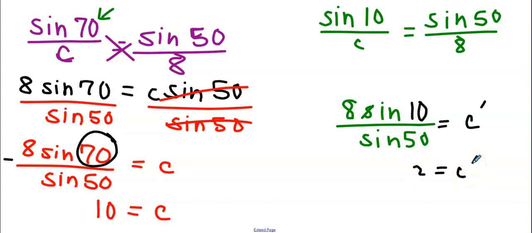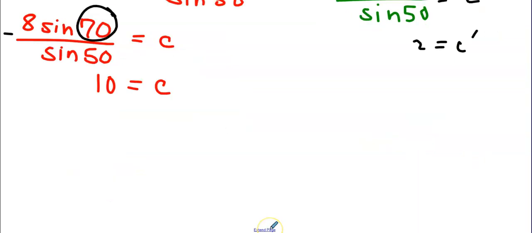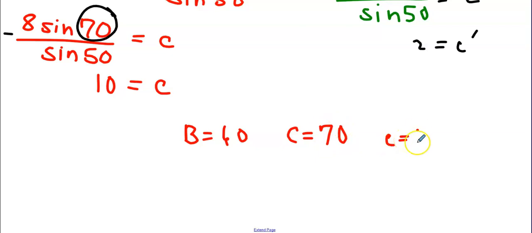All right, so our two solutions here. We have B equaling 60, angle C equaling 70, and our little c equaling 10. Or we have our second set of solutions.